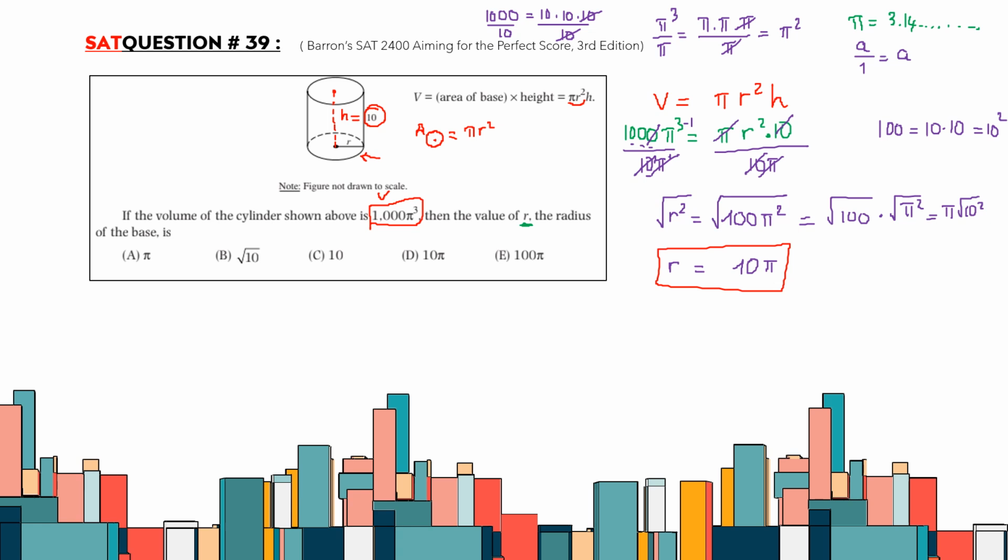To make it easier to work on the problem, make sure you are familiar with the squares of numbers from 2 to 20, like 2 squared, 3 squared, 4 squared, 5 squared, and also the cubes from 2 to 5.